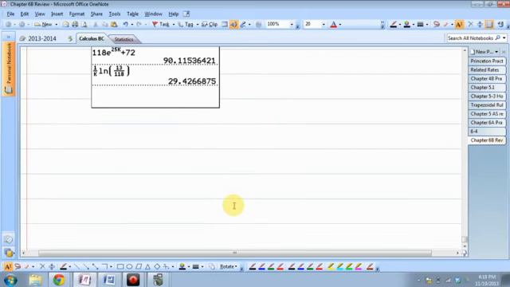Next question. Number 6, non-calculator part. Give me one second, I actually have to take care of something. Sorry. We are number 6.